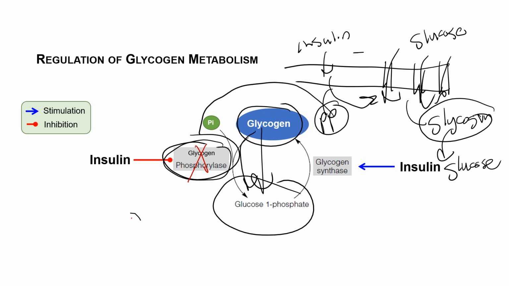Protein phosphatase dephosphorylates glycogen phosphorylase, making it less active, and that ensures that glycogen is not being broken down into glucose. And what you know about protein phosphatase also is that it dephosphorylates glycogen synthase and makes glycogen synthase active, so that the glucose that's coming in will be stored as glycogen.